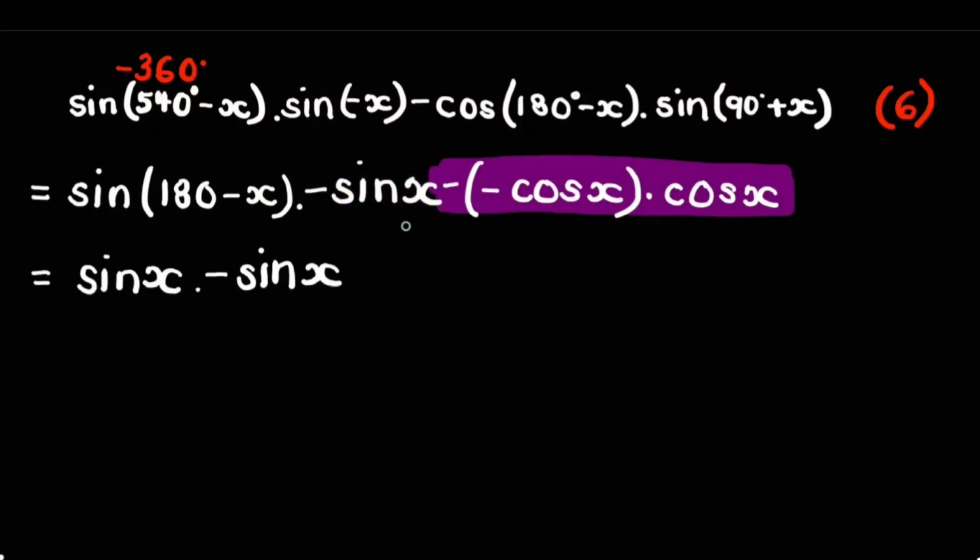And now focusing on the entire second term. Since these cannot be further simplified, we have negative times a negative, which gives us a positive. So we're just multiplying them out, and we have cos x times cos x, which should be cos squared x.